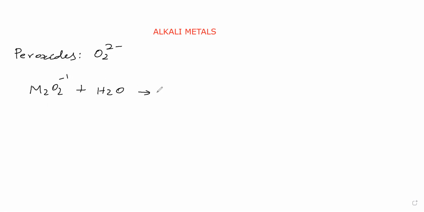That -1 becomes 0, which means it is undergoing oxidation. And another -1 becomes -2, that means OH minus, alkali metal ion.